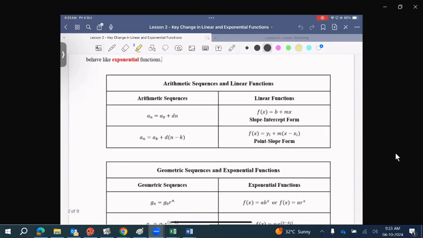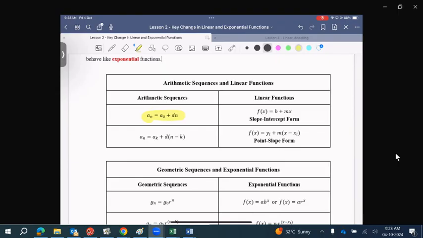We saw last time the formulas for the arithmetic sequence, and here's the kth term. Most of you are familiar with slope-intercept form, but some of you are not so familiar with point-slope form of a straight line. Point-slope form is actually better for a straight line.